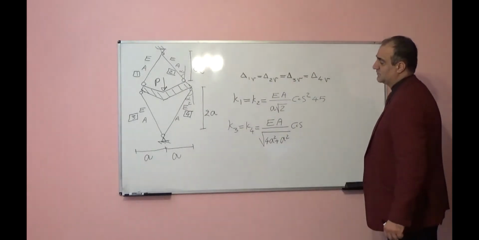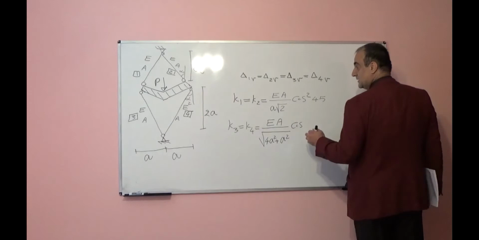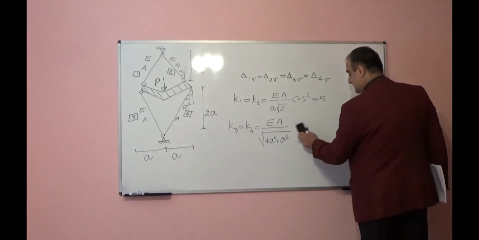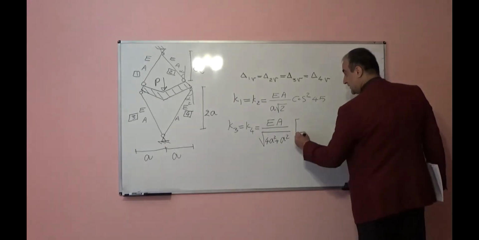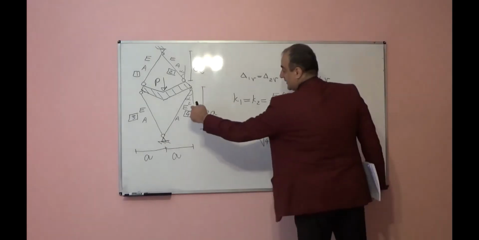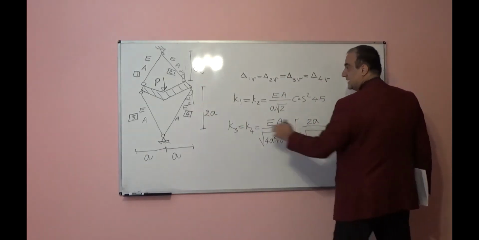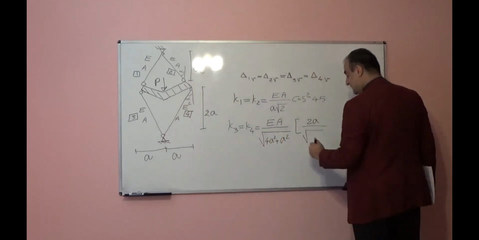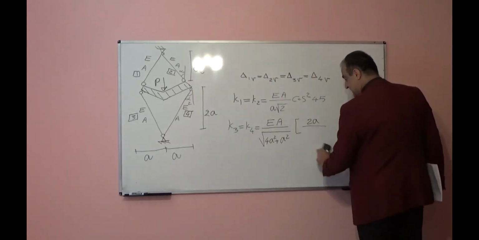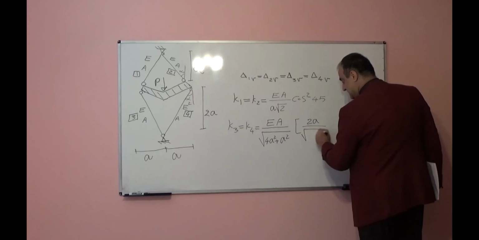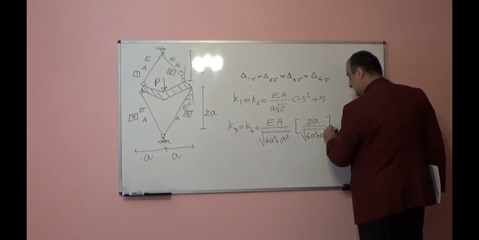Cosine of alpha 2 will be 2A divided by, again, the length. The length from here is square root of 4A squared plus A squared.